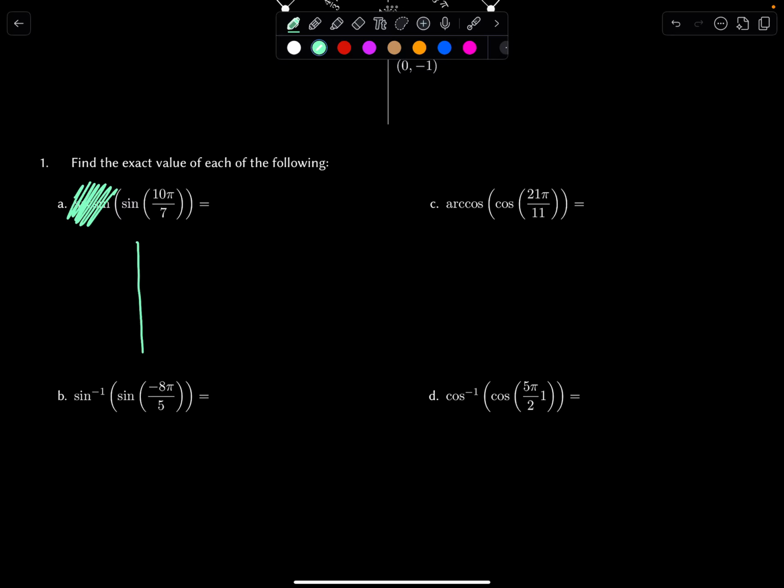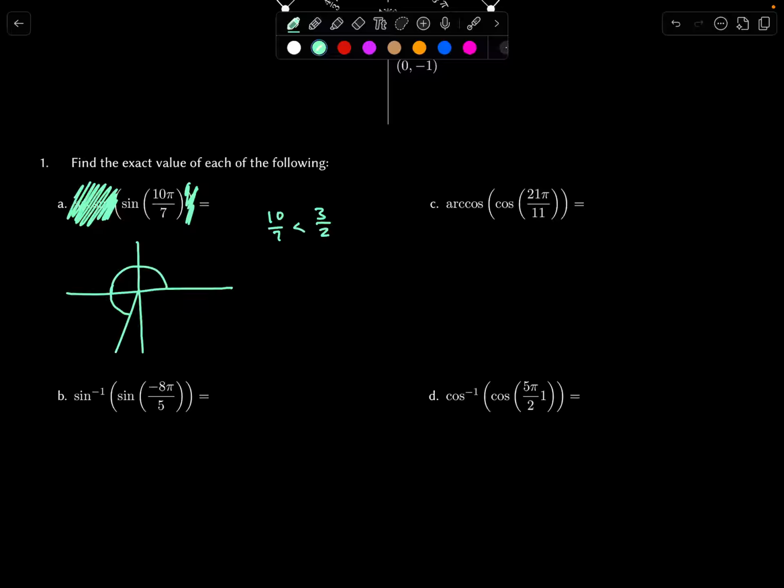One way to do this is to just think about it like this. So 10 pi over 7, here's 7 pi over 7, which goes halfway around, and then 8, 9, 10 is not quite to the next thing, because 10 sevenths is a little less than 3 halves. 11 sevenths would be the other side, 11, 12, 13, 14.